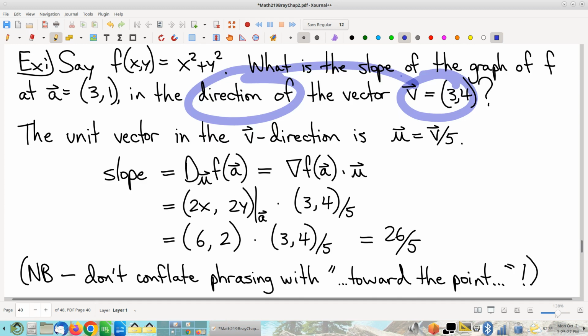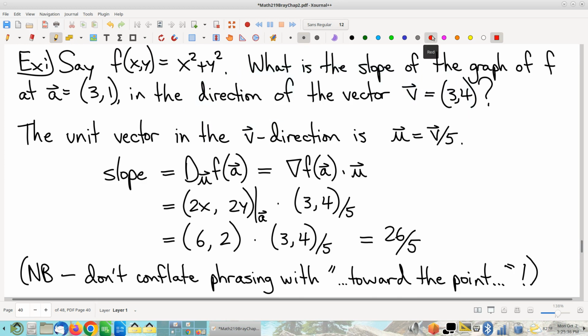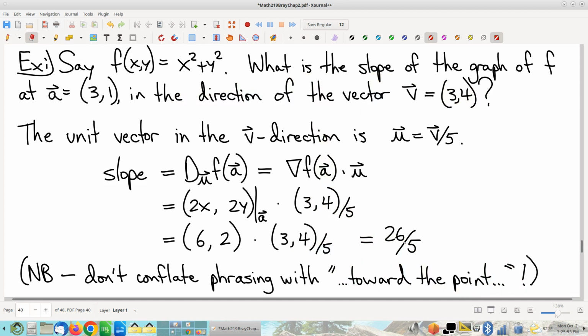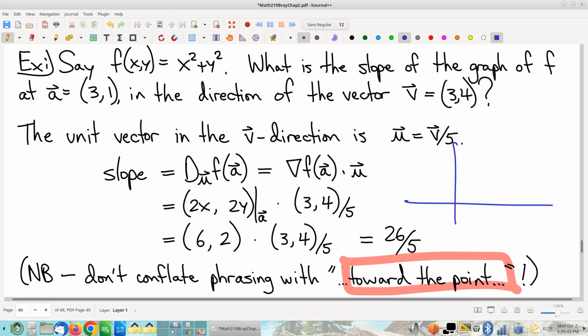Now that said, some students, interpreting language a little too casually, will misinterpret this as meaning toward the point 3, 4. This is really importantly not right. This is not what this says, so let me put an X through that. These are not the same thing. You can see explicitly how, if you made that mistake, let me draw a picture here. XY plane. We're starting at the point 3, 1, about here.